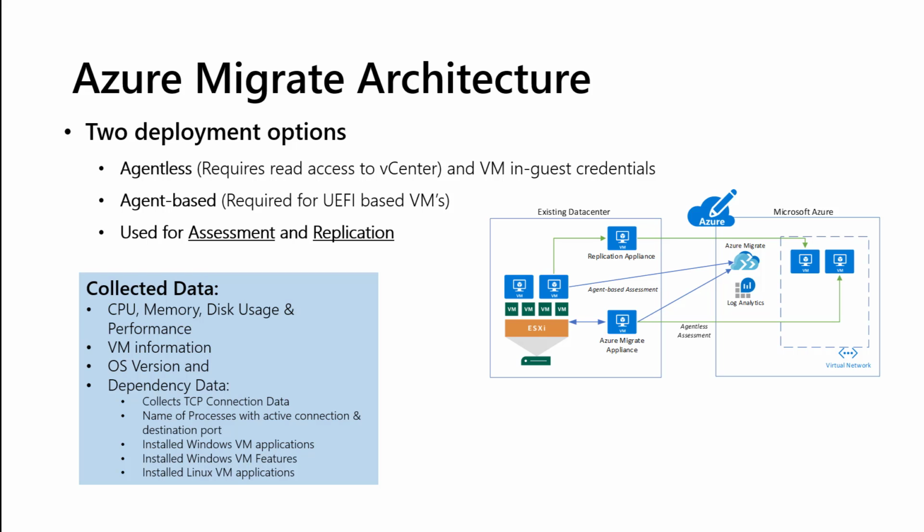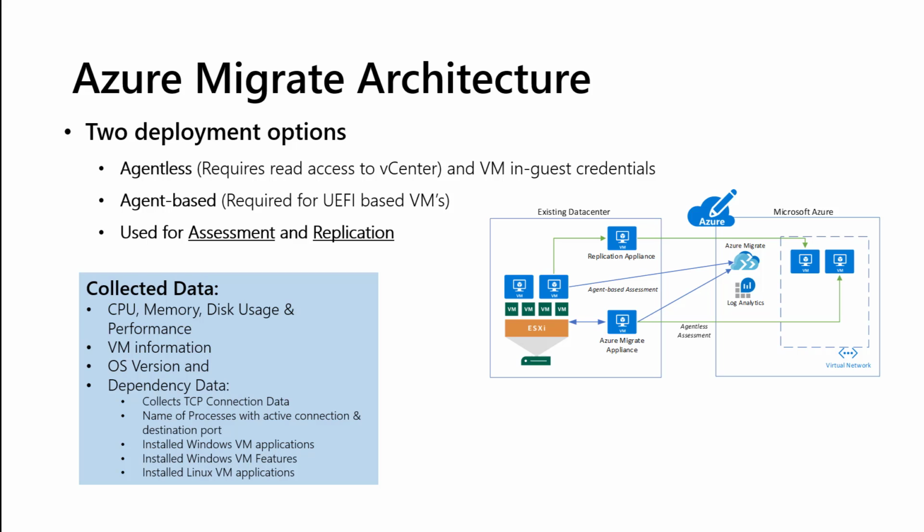So when it comes to doing the assessment of the current environment, Microsoft, as I said, has a service called Azure Migrate, which is a service combined with a local appliance, which is going to be connected to your existing environment. So essentially, there are two ways to deploy Azure Migrate. It's either agentless. So essentially, you have an appliance which connects to vCenter in this example, and uses the vCenter APIs to communicate with different virtual machines.